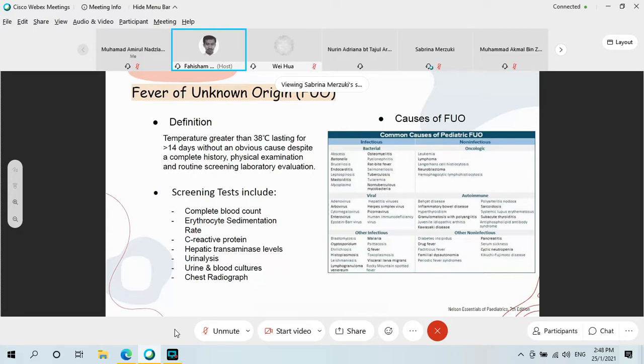You don't know. It can go to the blood, it can go wherever. It can go to the meninges, it can go to the kidney, it can go anywhere basically. So basically, adults are usually the ones giving the organism to children.